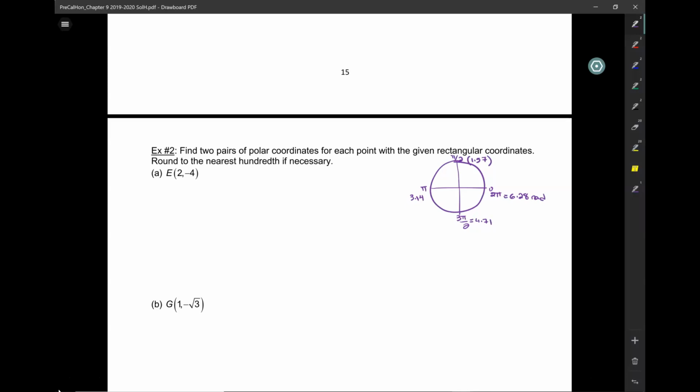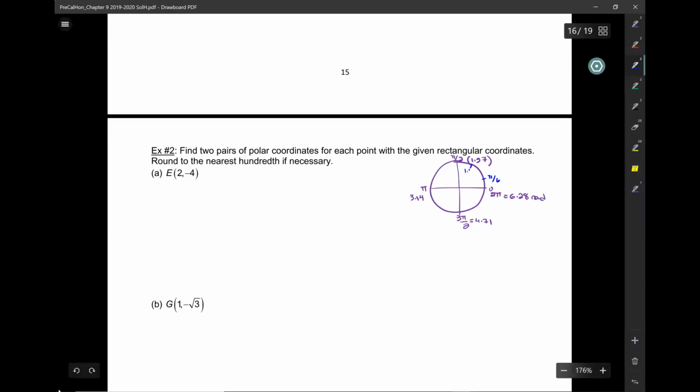So if I say something has an angle of pi over 6, that's right here. If I say something has an angle of 1.1 radians, well, pi over 6 is like 0.52, so where would 1.1 radians be?